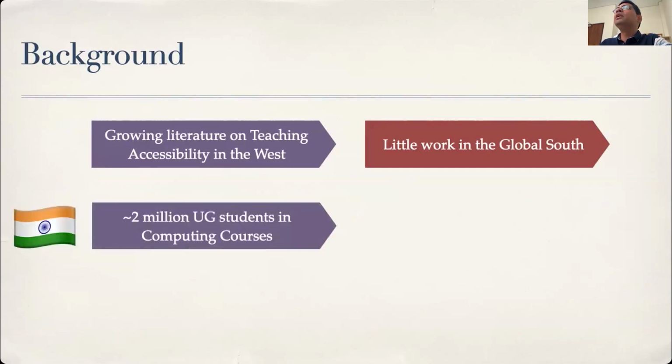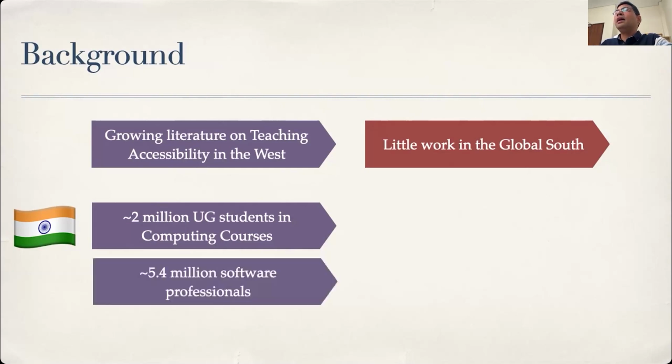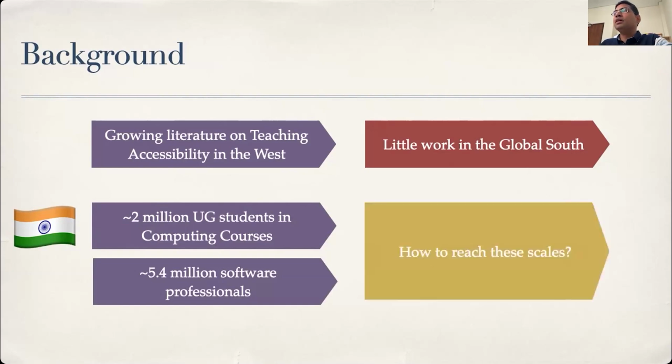India has about 2 million undergrad students in computing courses with all sorts of different designations, not necessarily engineering courses. And there are over 5 million software professionals in India or Indian software professionals elsewhere. So that's a huge number.